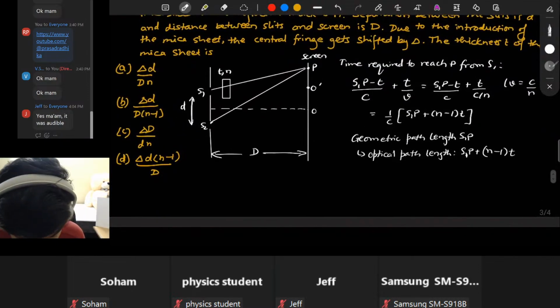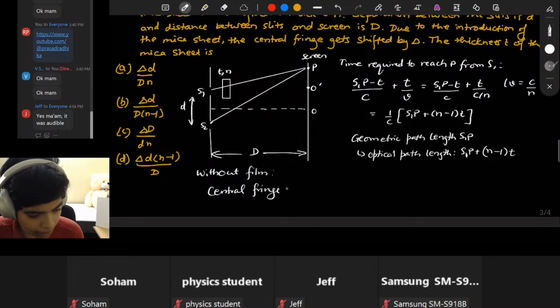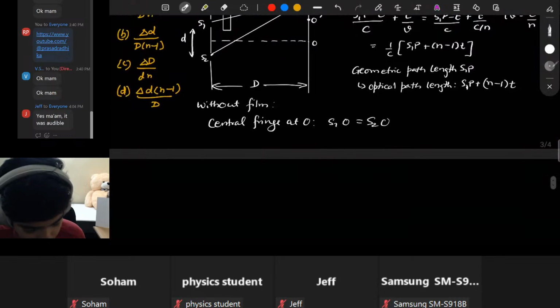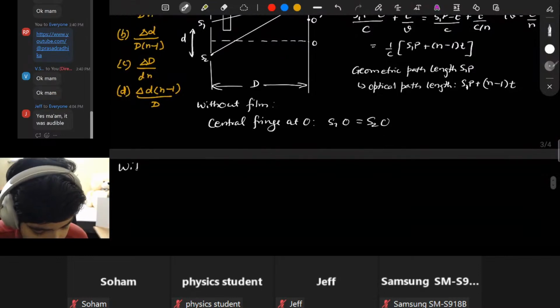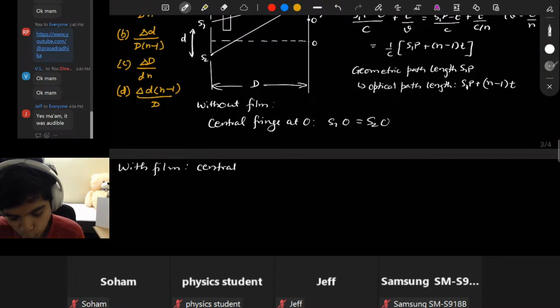Without the film, the central fringe is at O, and S1O is equal to S2O when there is no film. But with the film, the central fringe shifts to a position O prime.